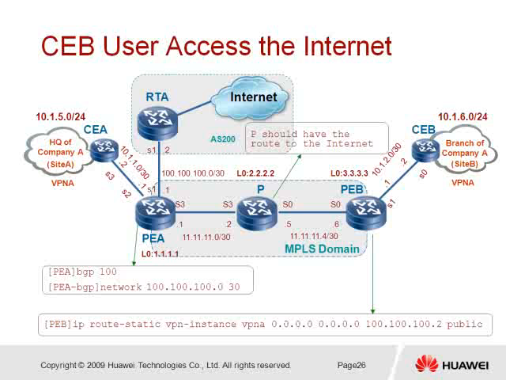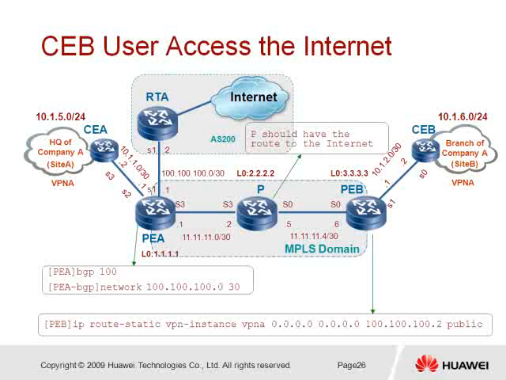It is required to configure PEA to distribute the network segment of the interface of RTA to PEB through BGP. Then there will be a route of the network segment in the routing table in PEB.